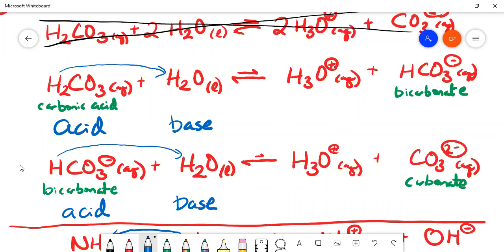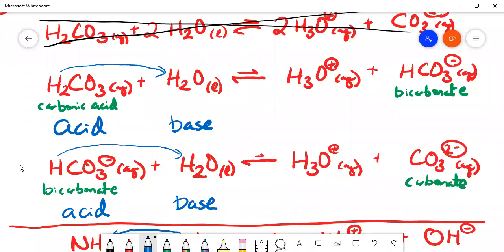Now, it's really helpful when I go through stories of this sort to talk about the sidedness of this reaction and talk about a partnership between the carbonic acid molecule and the bicarbonate ion, between the water molecule and the hydronium ion. Okay?